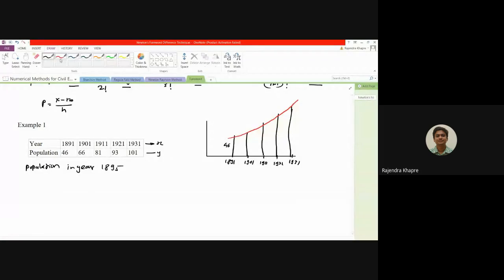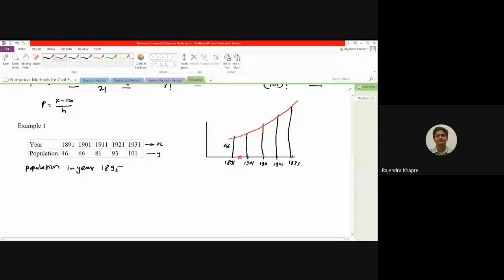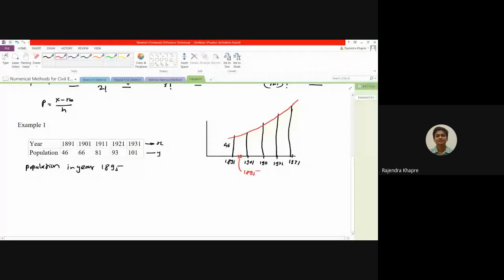Our objective is to find out the value in 1895, because we have the data of 1891 and 1901, but we don't have the data of 1895. With the help of this interpolation technique, we can find out the population in that particular year.